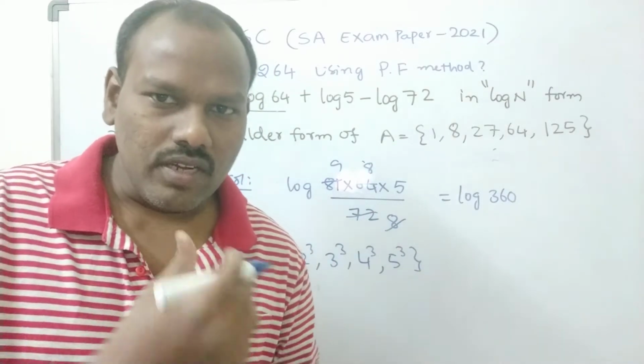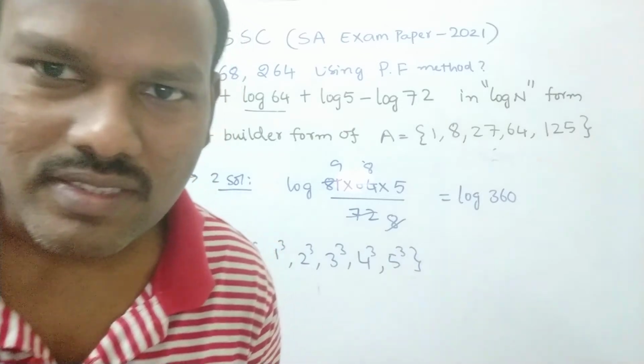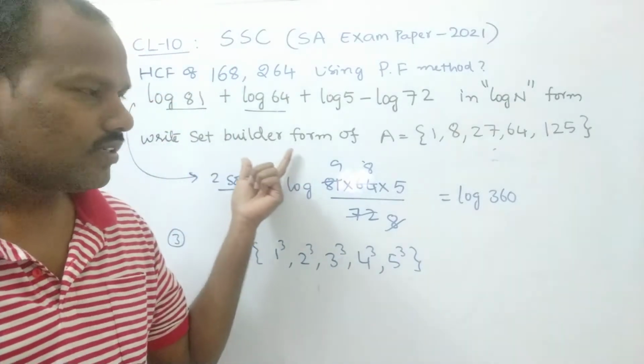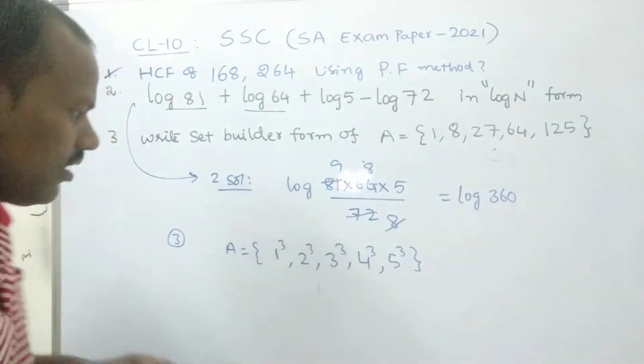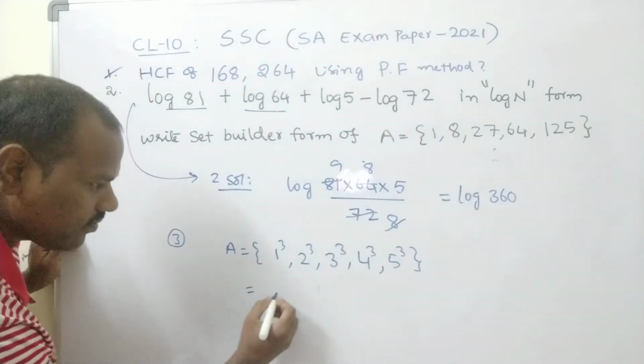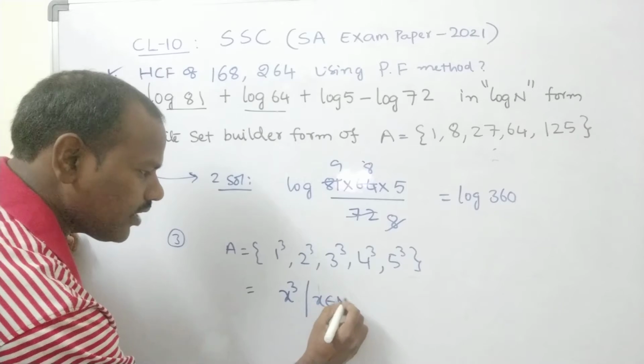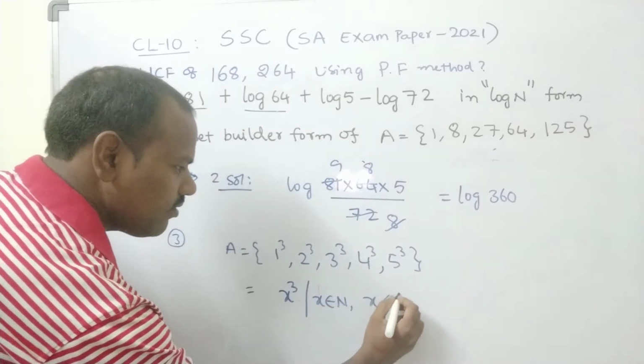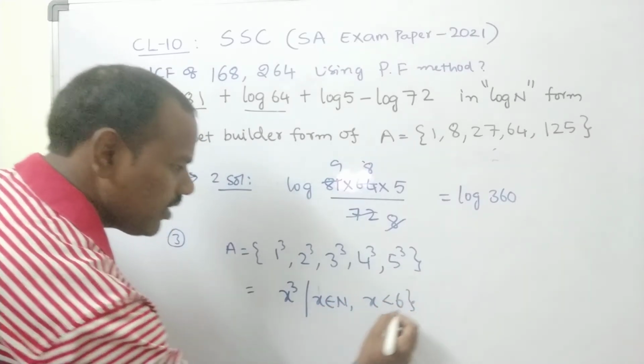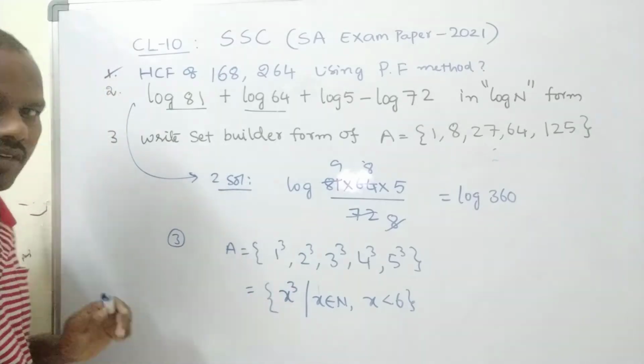So we can write x cube such that x belongs to natural numbers, x less than 6, or x less than or equal to 5 also we can write.